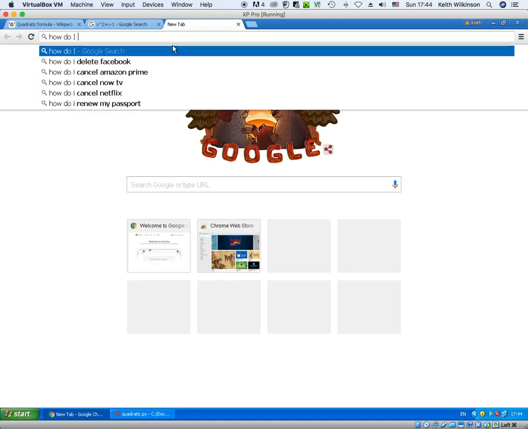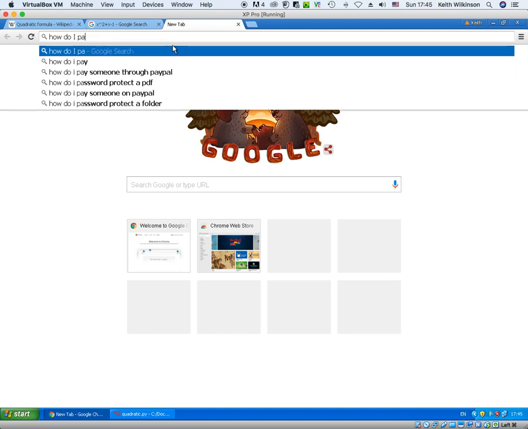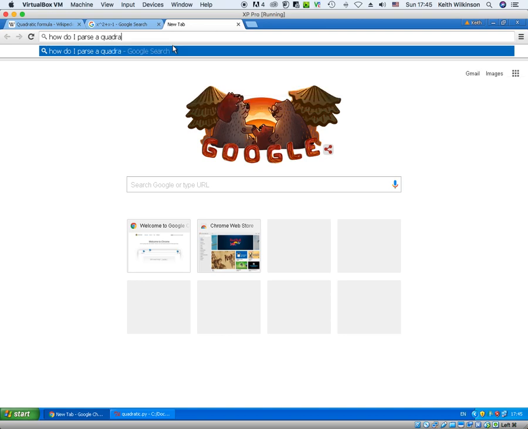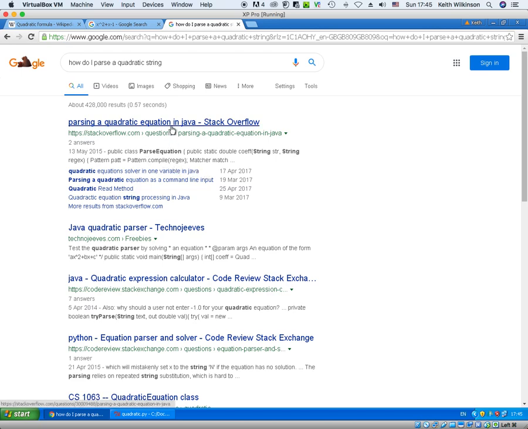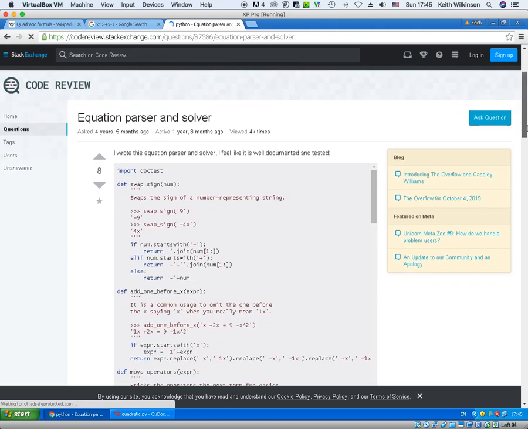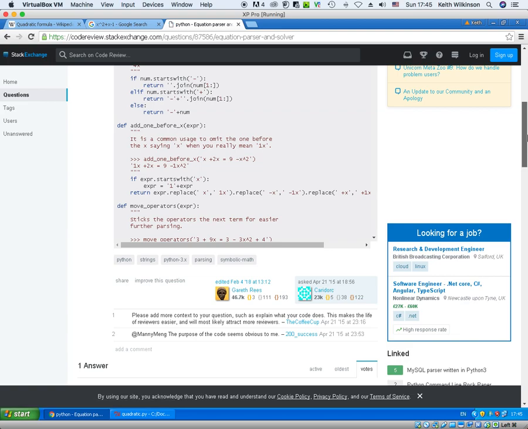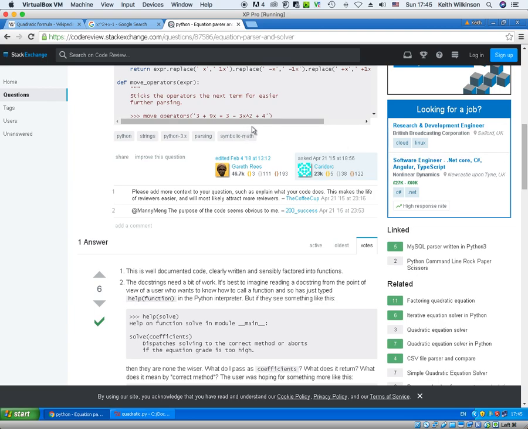How do I enter a quadratic? I can do better and use some correct terminology. How do I parse a quadratic string? It gets kind of complicated, and you'll probably see from a lot of these that even if you copy these and check them out, a lot of them won't work properly at all.